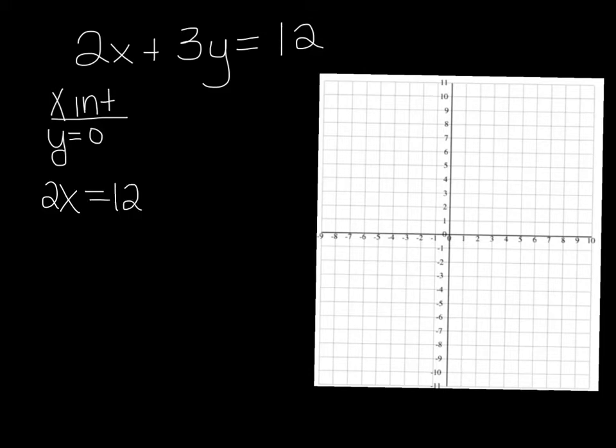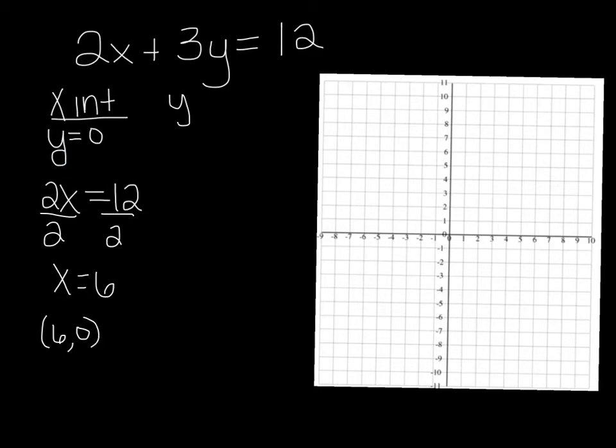Because like I said, this 3y part here is just going to go away because we're taking 3 times 0. So this part goes away. And then we're going to divide by 2. So x is going to equal 6. So our x-intercept is going to be 6, 0. Because remember, y is equal to 0.